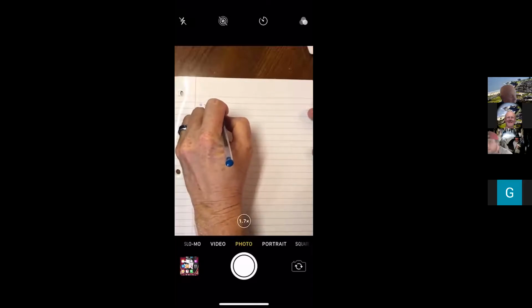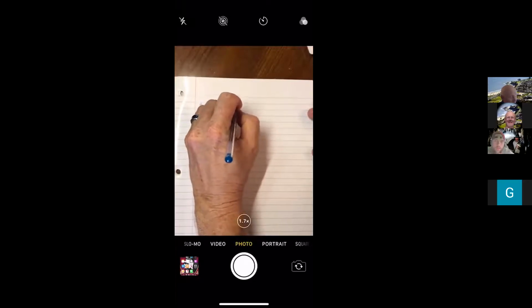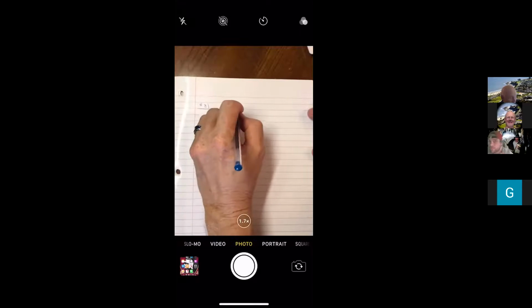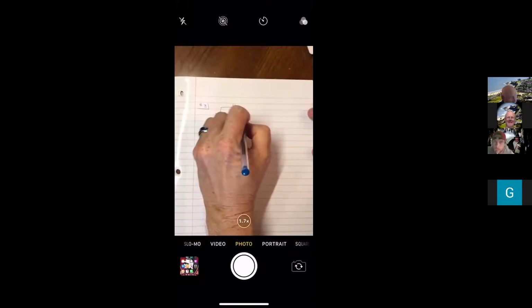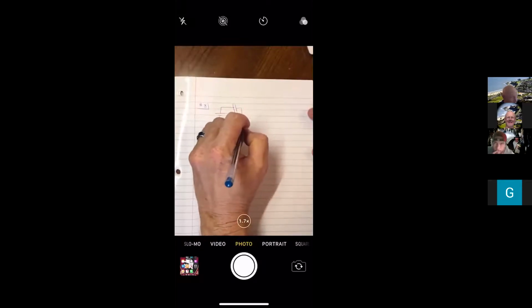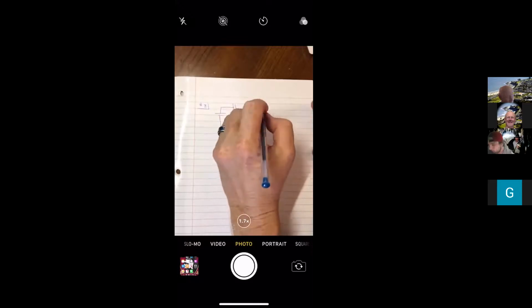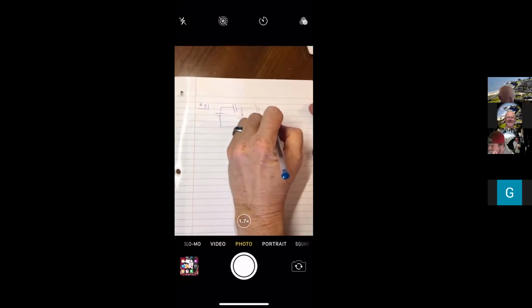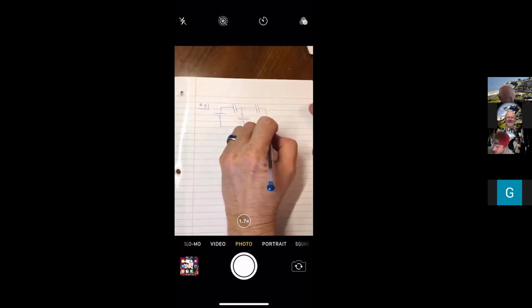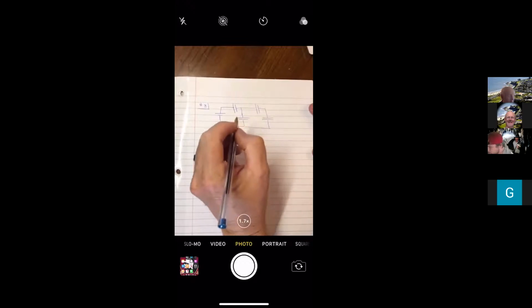because hopefully the heart of the concept is here, that you've got to recognize whether they are hooked in series or in parallel.